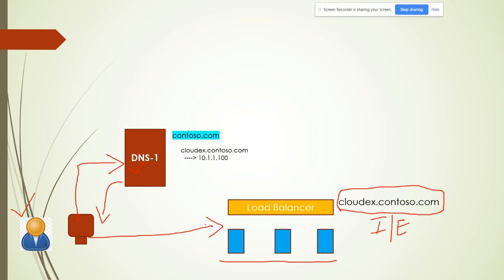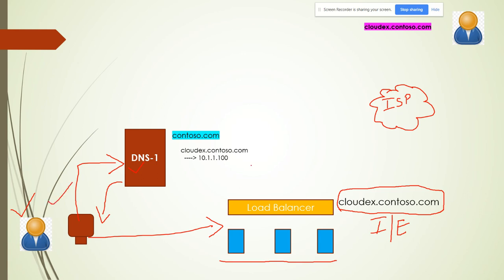But what happens if there is a user sitting outside the organization, in the external public area, trying to access cloudx.contoso.com? How will this user access cloudx?